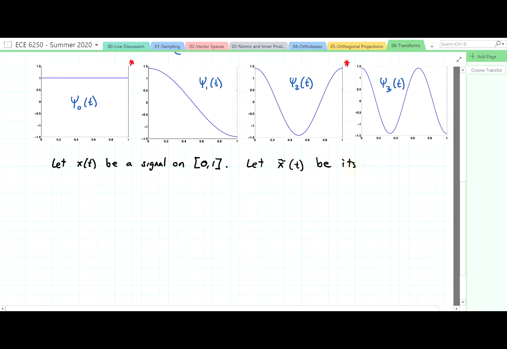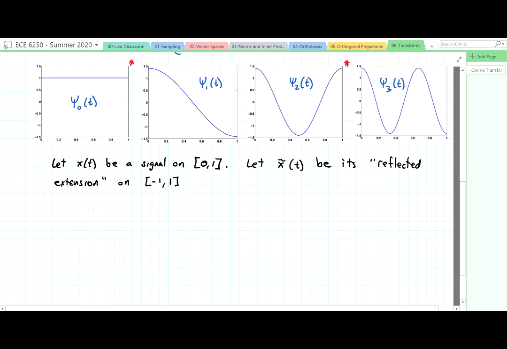So we're going to now define a reflected extension of x of t on -1, 1.